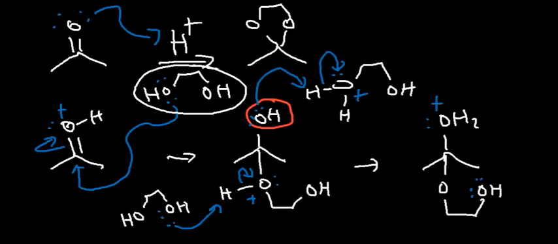Now, let's think about what should happen. Option 1, this oxygen could attack this carbon and then kick out the water. That looks like an SN2 mechanism, where the nucleophile approaches from the back and kicks out the leaving group. Option 2, the leaving group could leave, generate a carbocation, and then a nucleophile can attack.